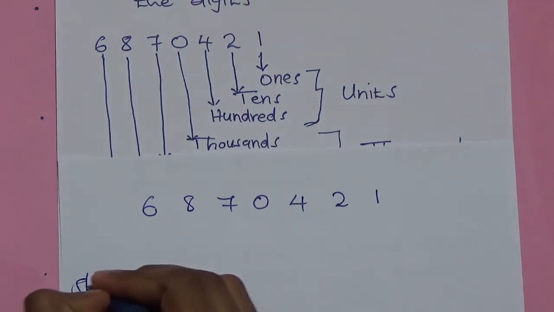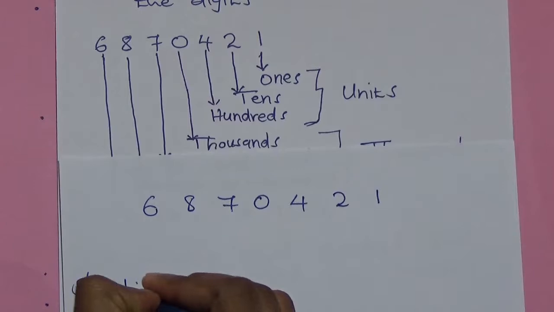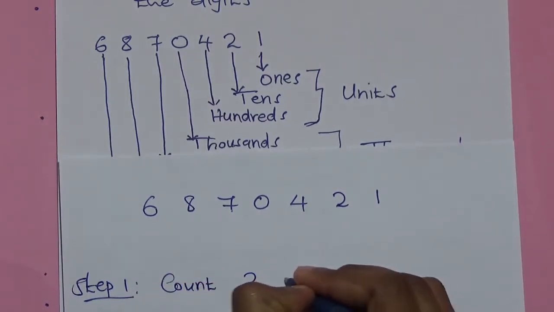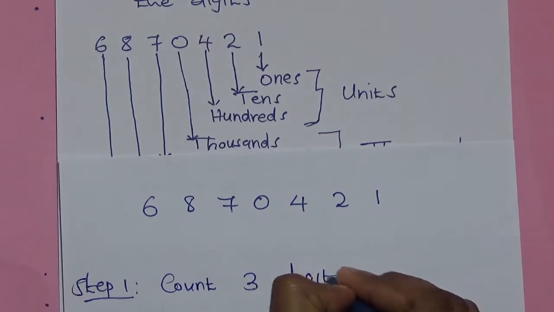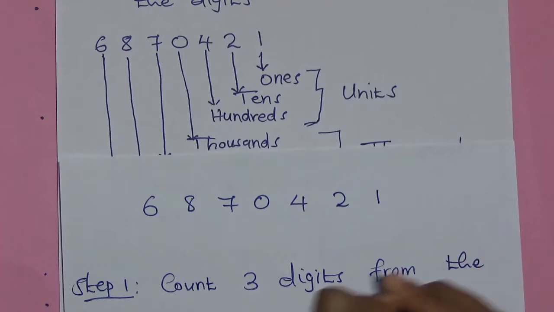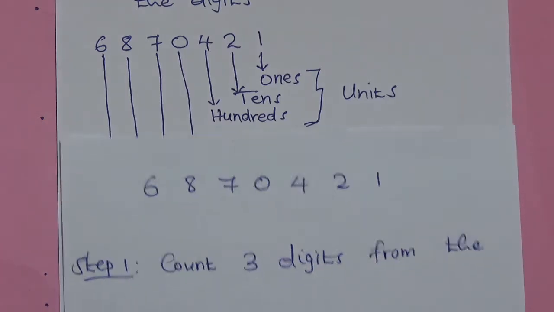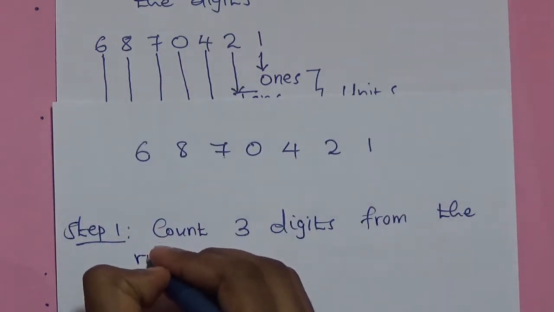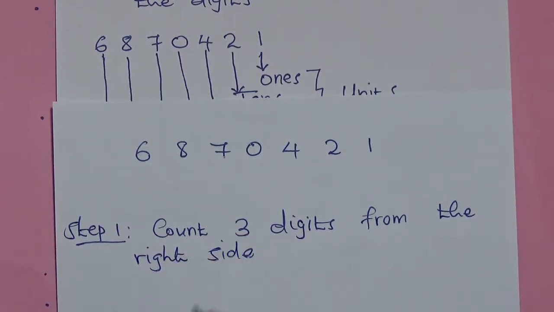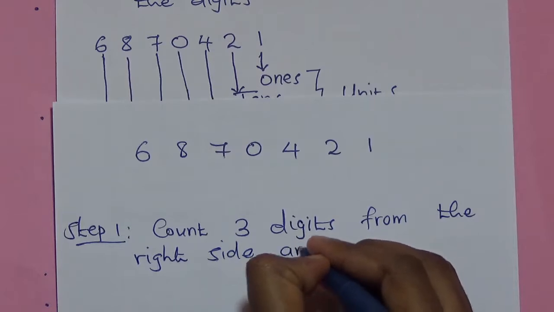What you are supposed to do is to arrange or to count. So, step number 1, you need to count 3 digits from the right side, and you put a comma.